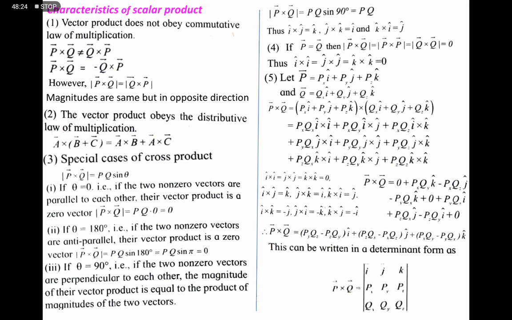If we solve the determinant, using the determinant property, we'll get the same statement, that is p bar cross q bar is equal to this one. So this is the determinant property, and using it we can solve the cross product.